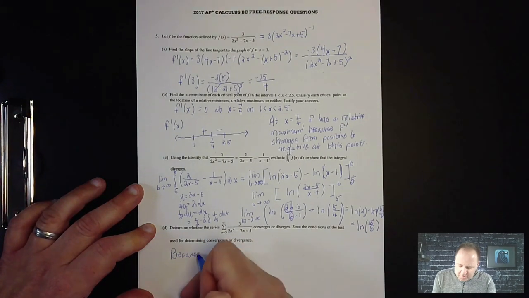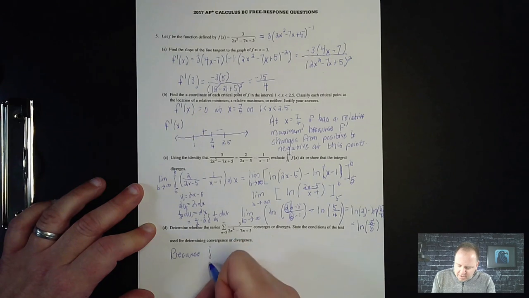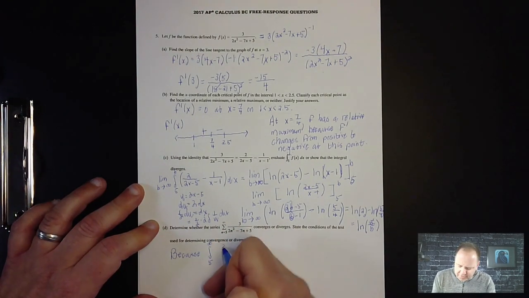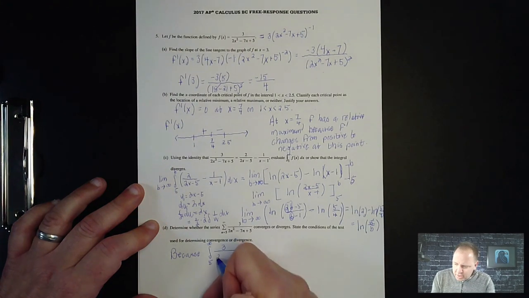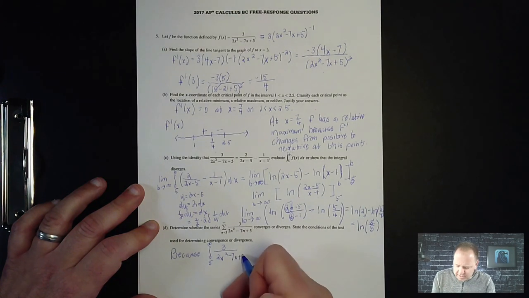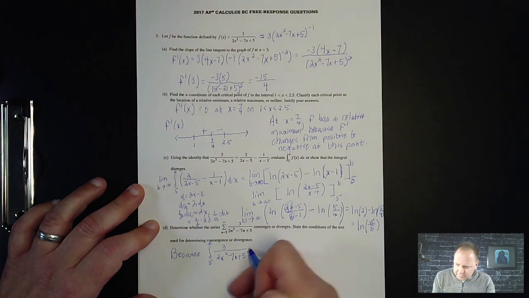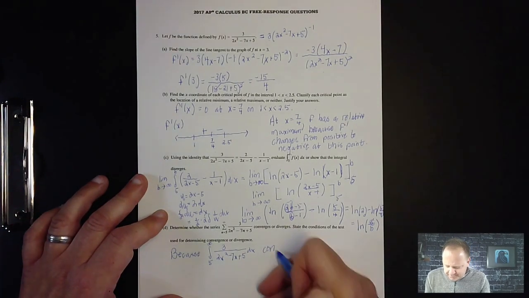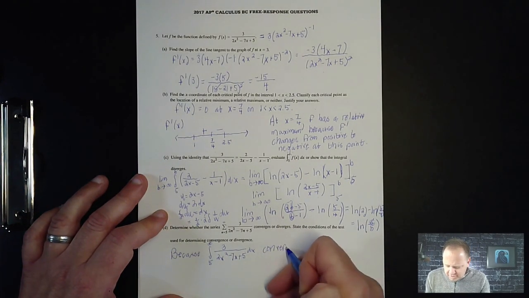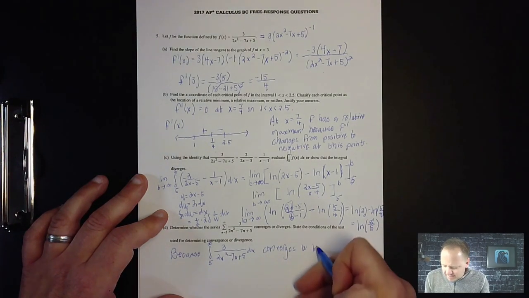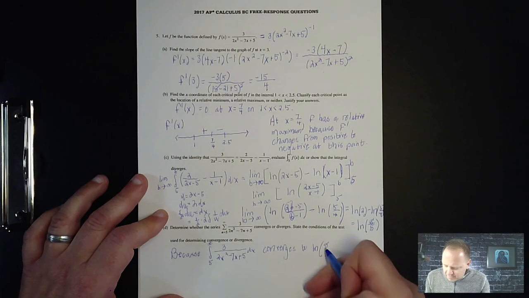All right, because the integral from 5 to infinity of 3 all over 2x squared minus 7x plus 5 dx converges, and you could just leave it at that, but I'll say converges to ln of 8 over 5.